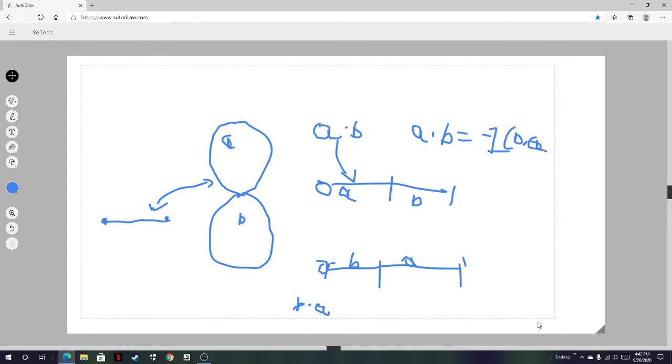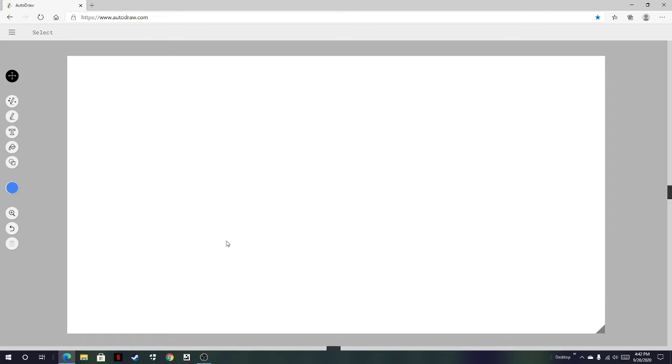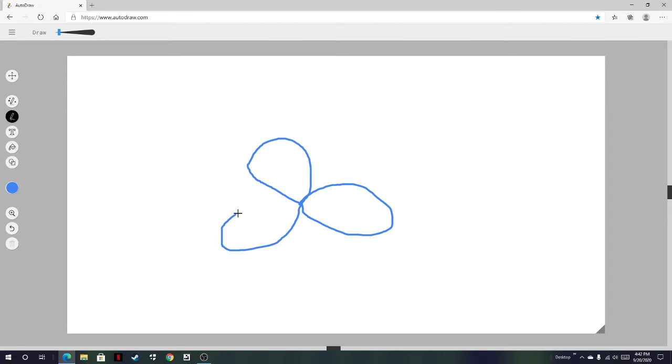So yes, we have this. What if you do 3 loops? 1, 2, 3. I'm going to do a few examples of this so you can get a hang of it.